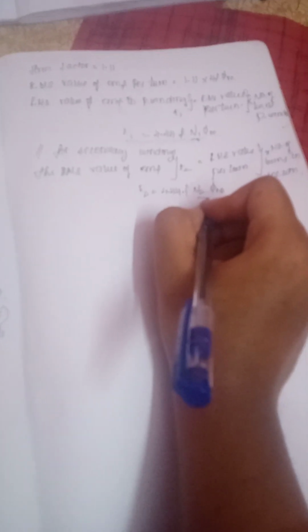After multiplying we get the answer like that, 4.44 f N2 phi m. N2 is the notation to represent the number of turns in the secondary winding.